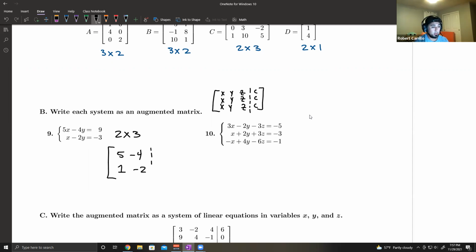And then my last column is for the constants, the numbers by themselves, a number without a variable. And you put 9, negative 3, close the bracket. That's it. Nothing crazy. We're just transferring from system to matrix. And you can also transfer from matrix back to system. Everybody go with that?